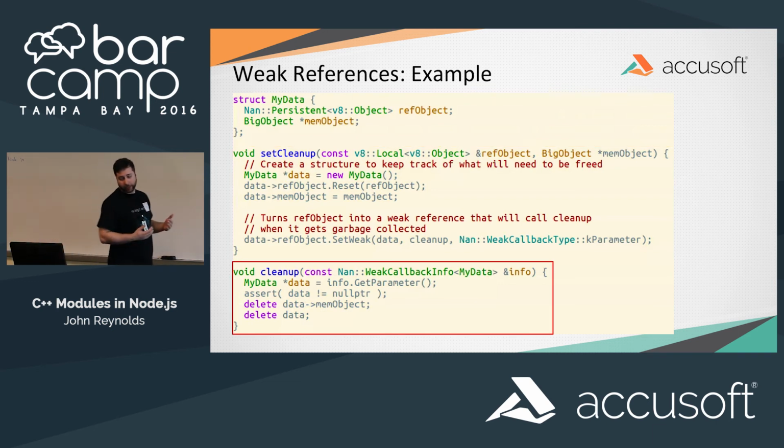So this is our implementation of cleanup. Nan very helpfully provides a nice and easy way of getting that data that we've associated with it. And here, we're cleaning up that local memory, that native construct that we've created, and deleting the encapsulating object that we used to track it.